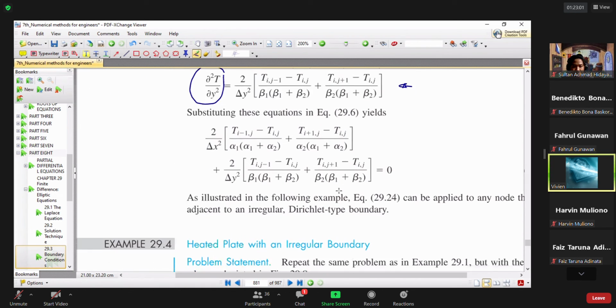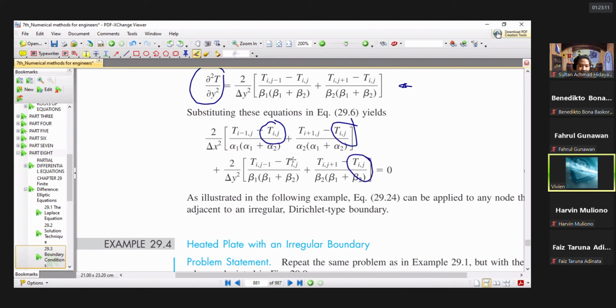Then we can collect together the terms: we have Tij, Tij, and Tij, so we can collect the Tij terms. These are the neighboring nodes: on the left, on the right, on the bottom, and on the top.